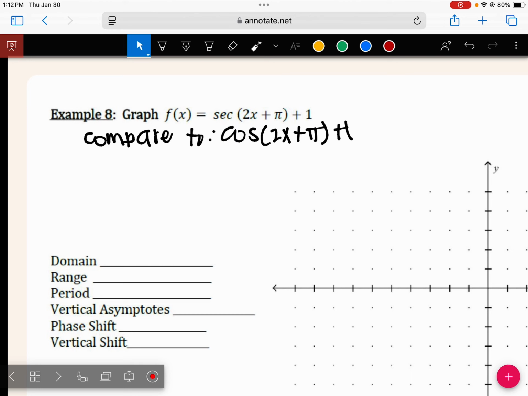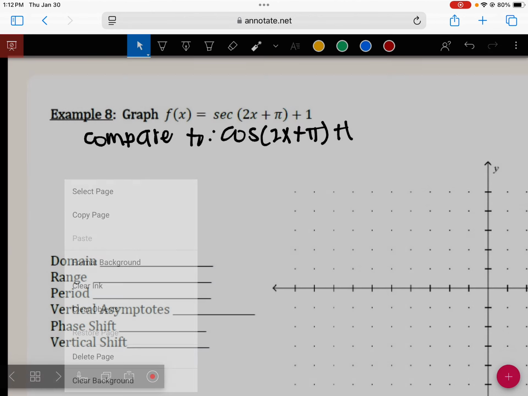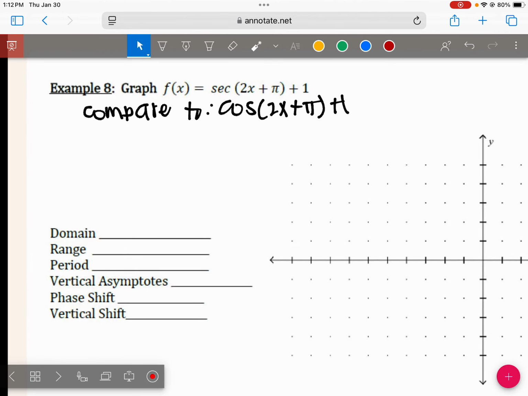No, so we're just going to move up and down 1. We're going to skip our domain. We're going to skip our range. Our period, we have to change because we have a b value. So 2 pi over b is our period, which is equal to pi.